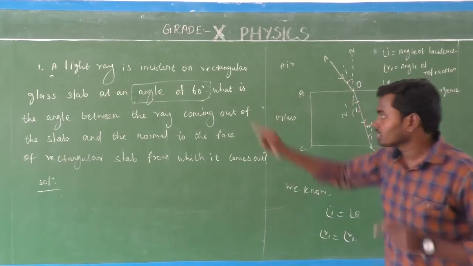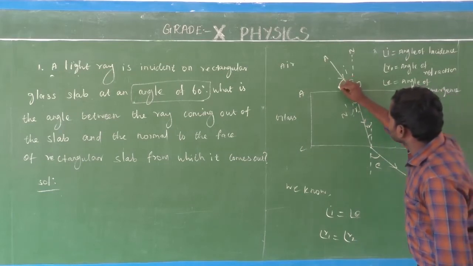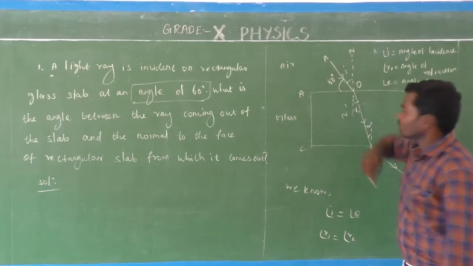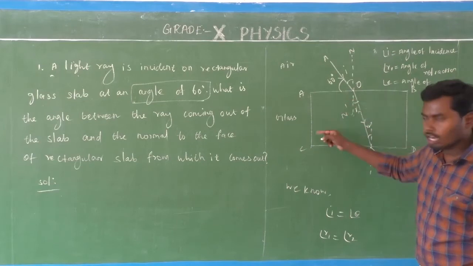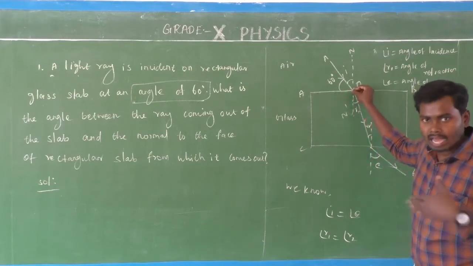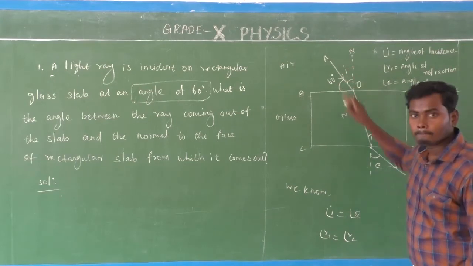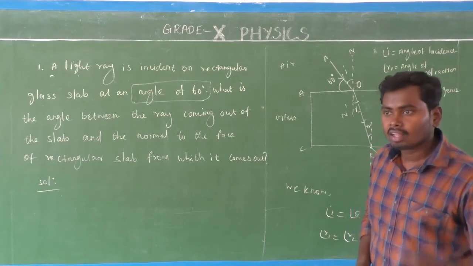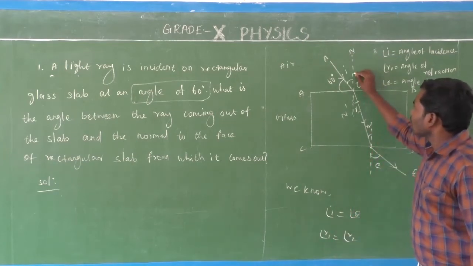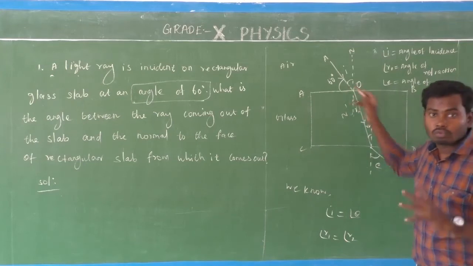So this is 60 degree, the angle between the surface of the glass slab and the incident ray. But the angle of incident is the angle between this normal and the incident ray. So we don't know.